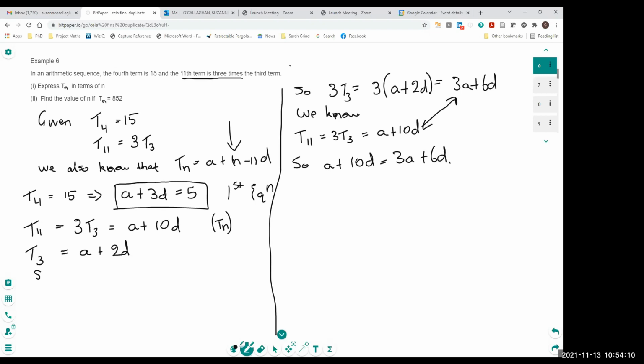Solve that, and we get 2a minus 4d is equal to 0. So a minus 2d is equal to 0. And that generates our second equation.